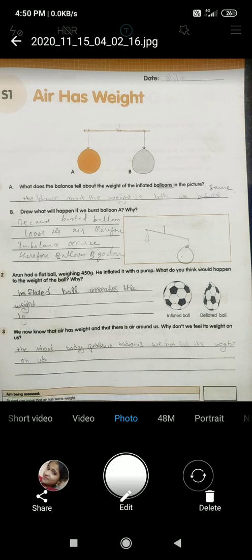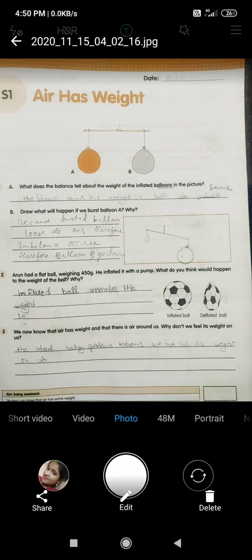Then students, do you know we feel air around us also? Then why don't we feel its weight on us? In this lesson we are discussing air has weight. Then why is the air weight not applying on us? Actually, it is applying weight on us, but inside our body we have fluid, right or not?